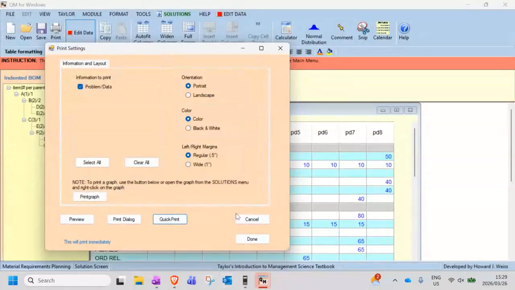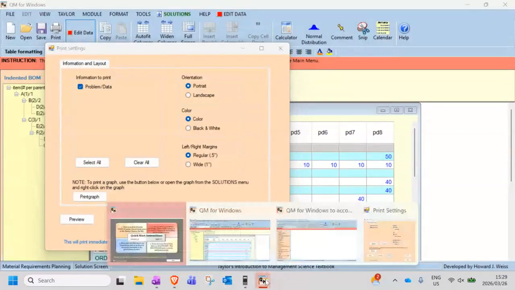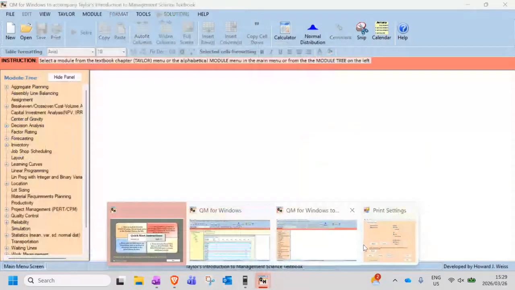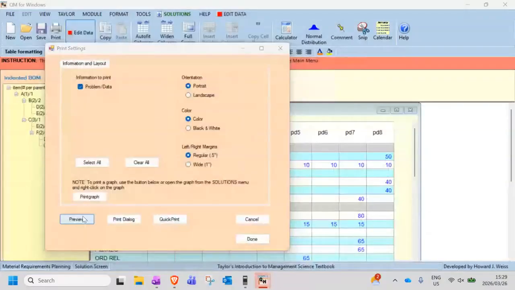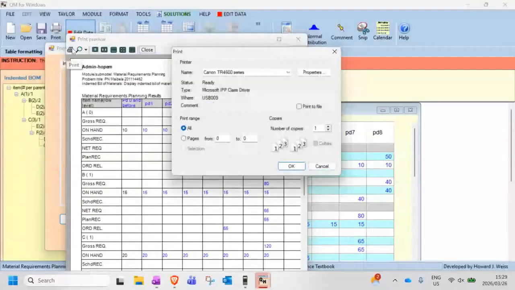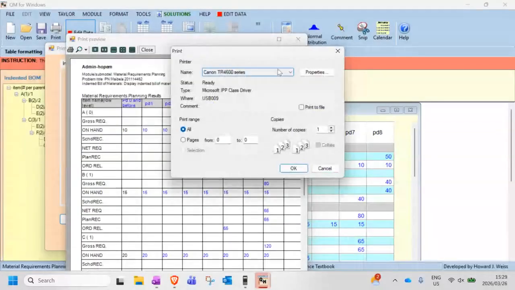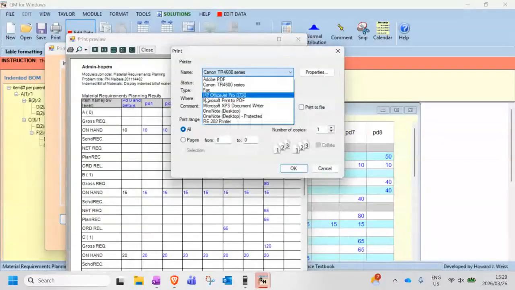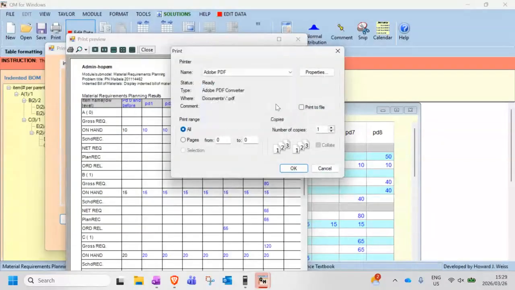Usually it tells me where it's supposed to print. Okay. Then print. Then you choose a printer if you want a printer, but we want PDF. And we'll say Adobe PDF and print.